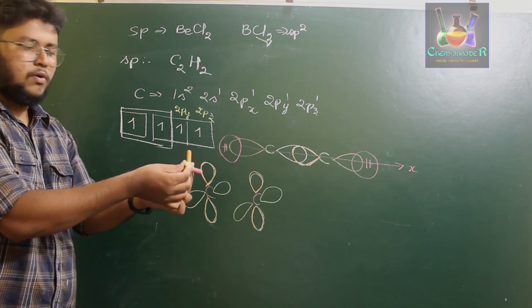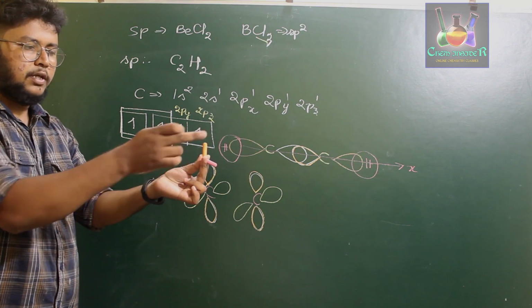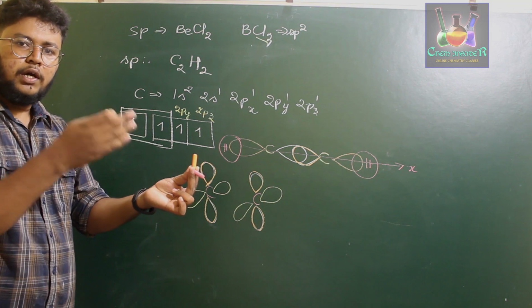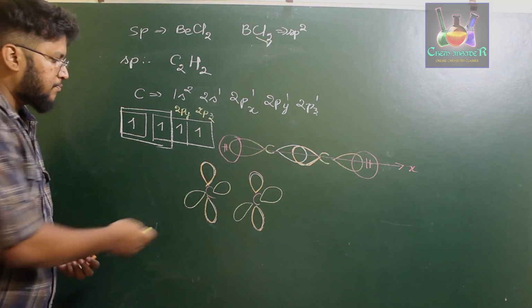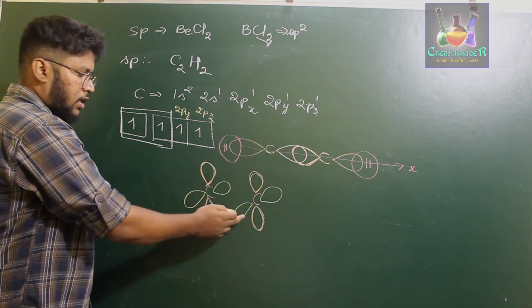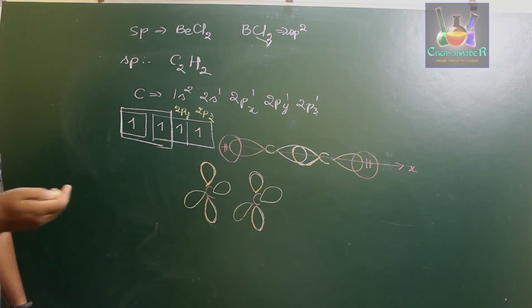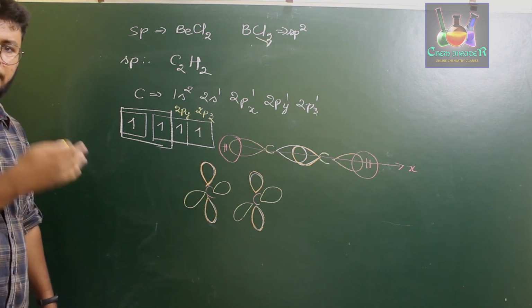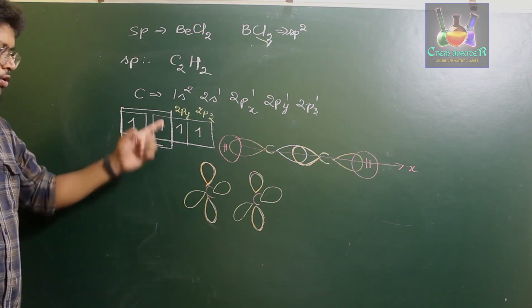The y orbital is present on the carbon in this particular direction, where one lobe is towards you and the other lobe is away from you. So these 2 lobes are away from the observer, whereas these 2 lobes are above the plane towards the observer, and these 2 lobes of 2pz are present perpendicular to the y-axis and on the plane.